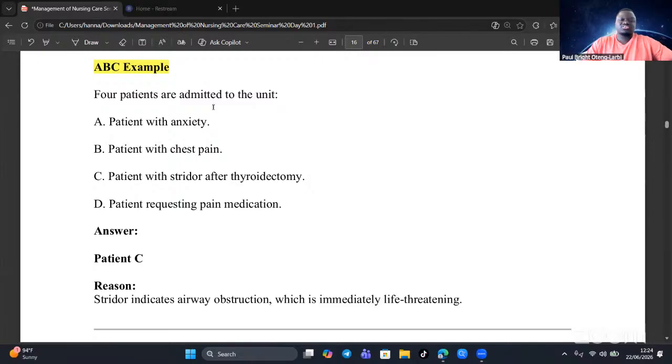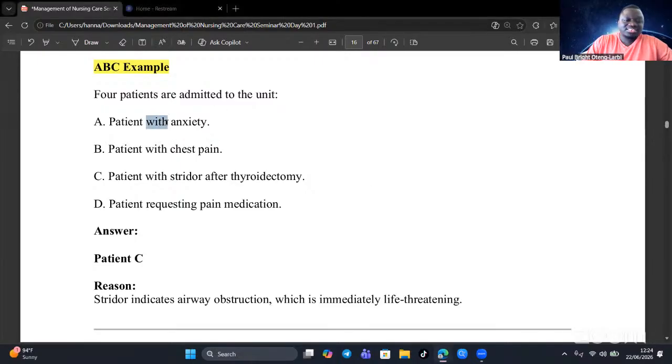And let me tell you this word: when you see the word "with", it means the problem that follows is currently happening. Patient with anxiety, patient with chest pain, patient with stridor after thyroidectomy, and patient requesting pain medication.